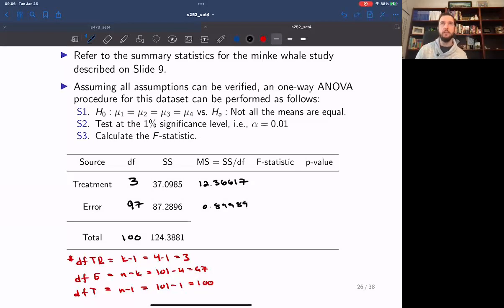And then the F statistic is going to be the mean squared treatment divided by the mean squared error. So that's 12.36617 divided by 0.89989, which is 13.74182.